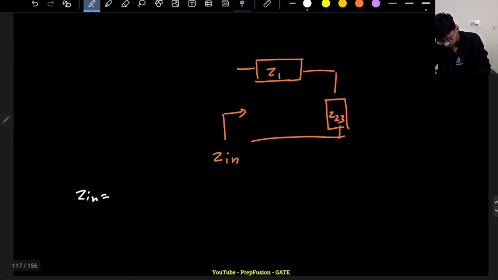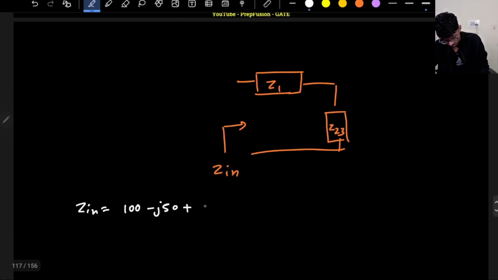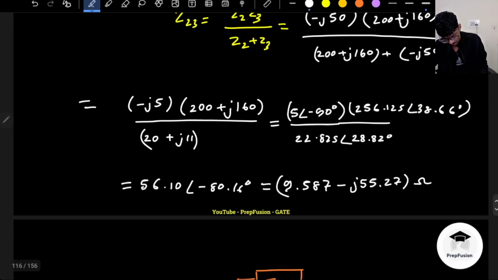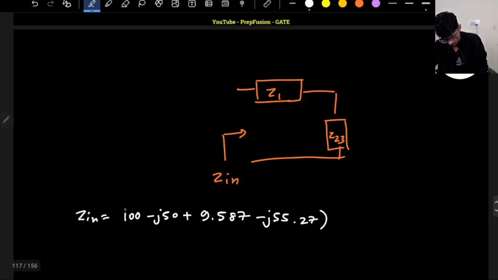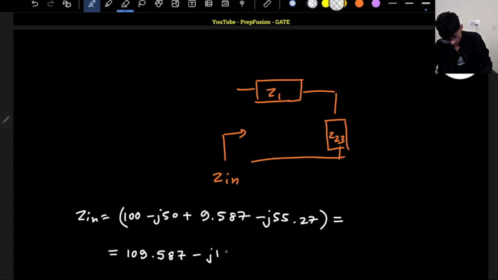So 100 minus j50 plus 9.587 minus j55.27. So this gives 109.587 minus j105.274.